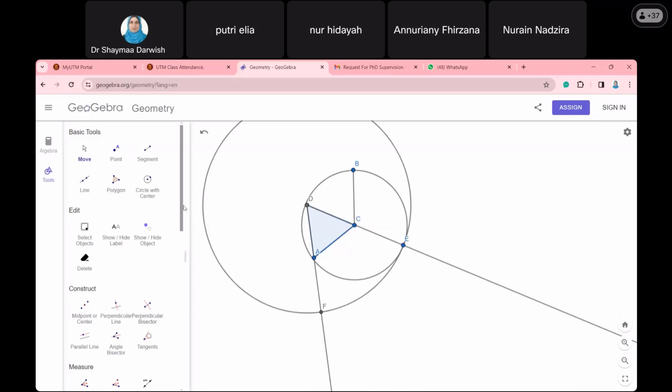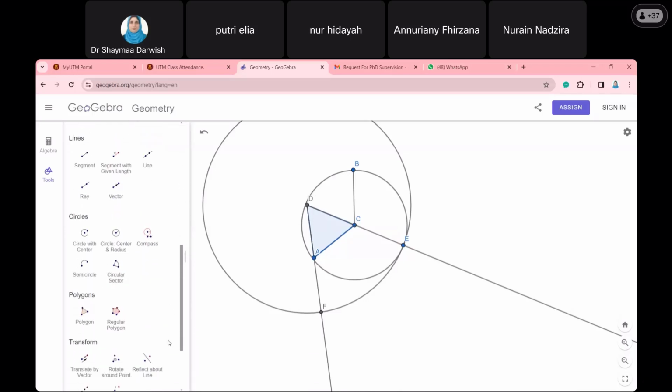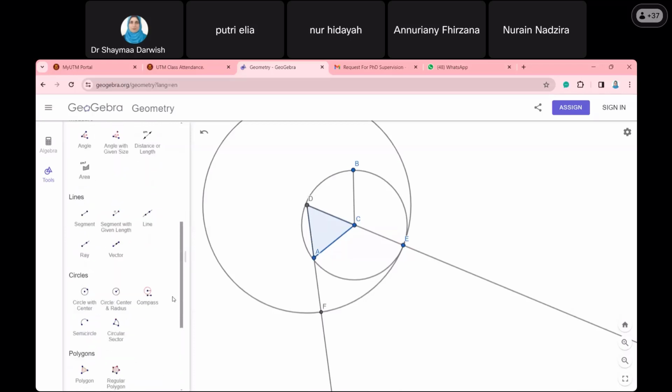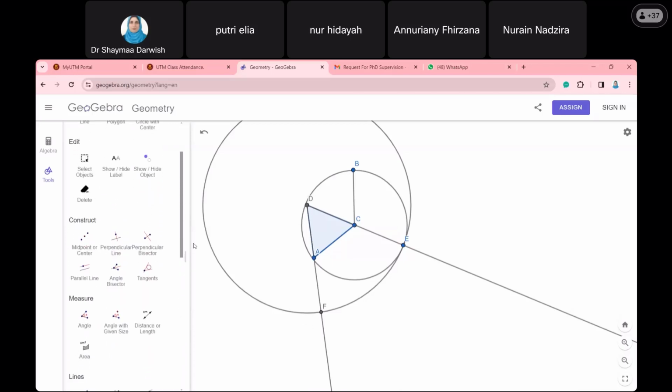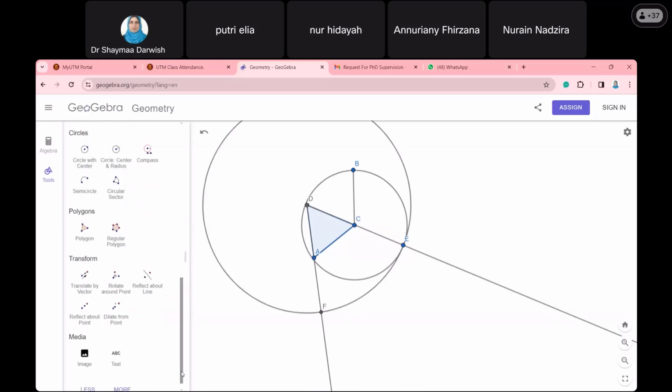Now, if I look here, I have that DE is equal to DF, and DC is equal to DA. This means what? What can you conclude from that?